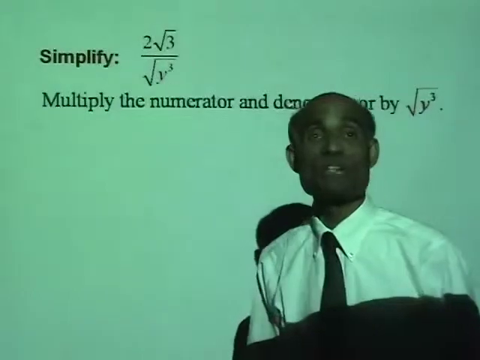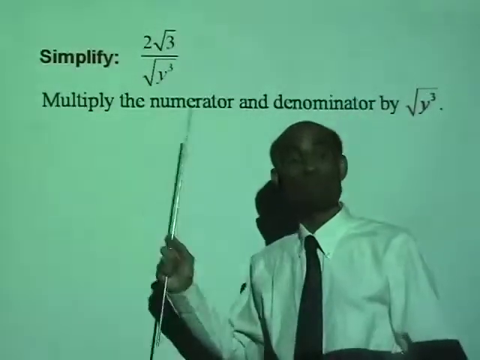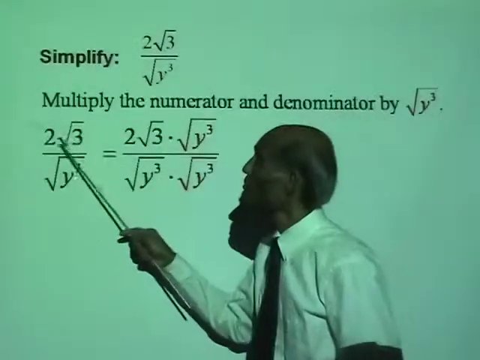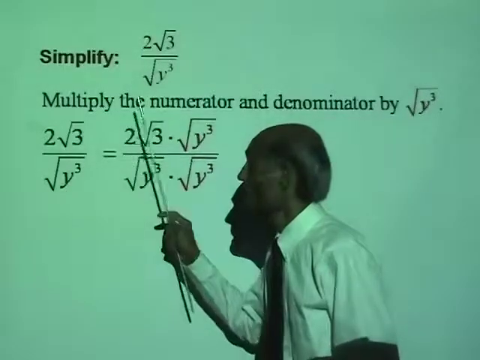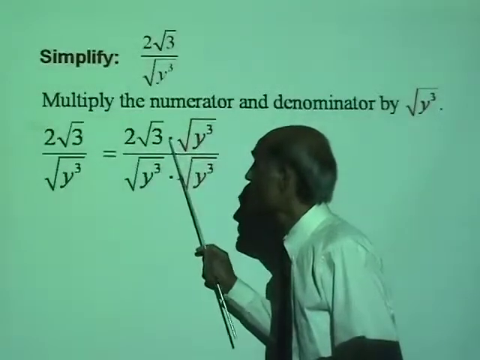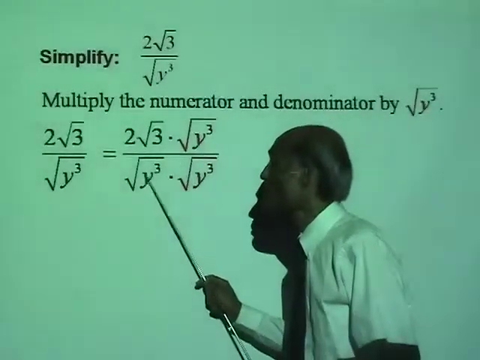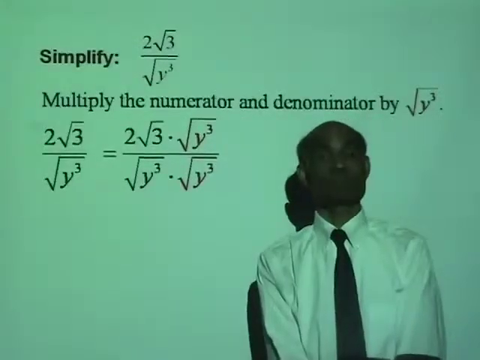Multiply the numerator and denominator by square root y cube. Alright, let's do that. So 2 square root 3 over square root y cube is 2 square root 3 times square root y cube divided by square root y cube times square root y cube.